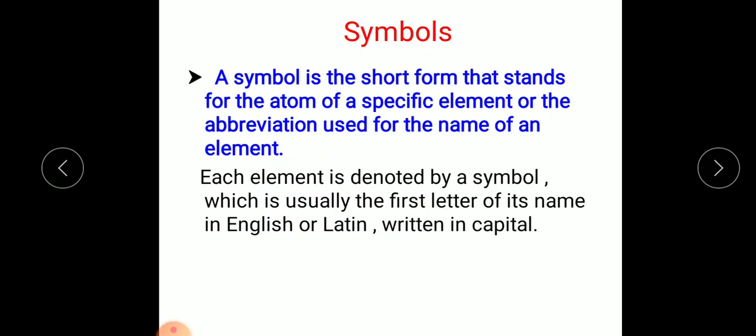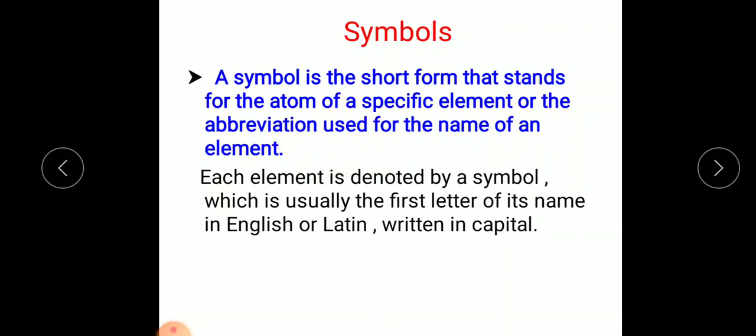Next, symbols. As we know, any element is represented by a symbol. For example, hydrogen is represented as capital H. Now, what does a symbol mean? A symbol is the short form that stands for the atom of a specific element, or the abbreviation used for the name of an element.